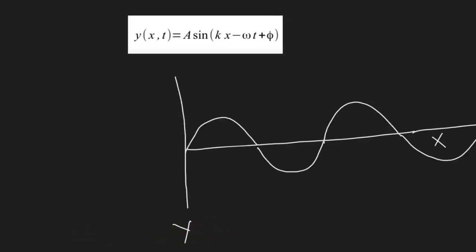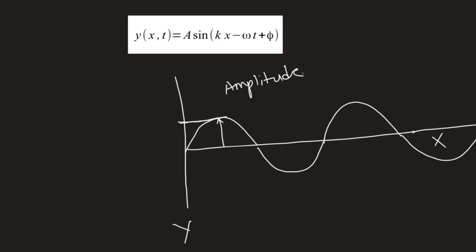Now let us try to find out the significance of each of these parameters. Starting with the first letter, A. A stands for amplitude, and it is given by the peak value of the particle. You can see that here the peak value is at this point, right? So that is the amplitude.